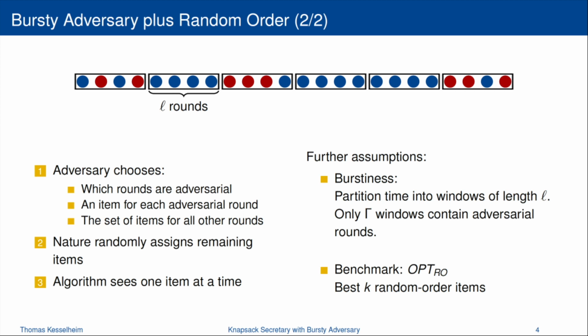So we compare ourselves only to the best k random order items. So whenever we want to guarantee something for an algorithm, the question is, how good are we compared to the best selection of k items that appear in the random order rounds?